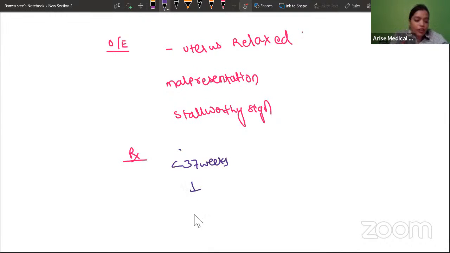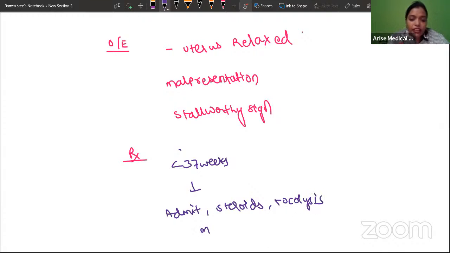So you wait and watch on her. You admit, give her steroids for lung maturity, give her tocolysis if any contractions, and monitor her. This before 37 weeks wait and watch is called the Macafee and Johnson's regimen.